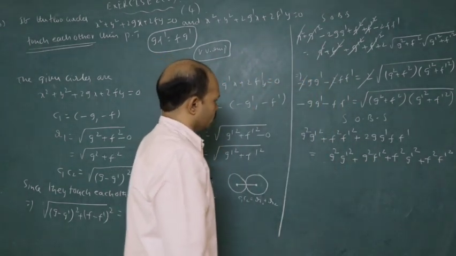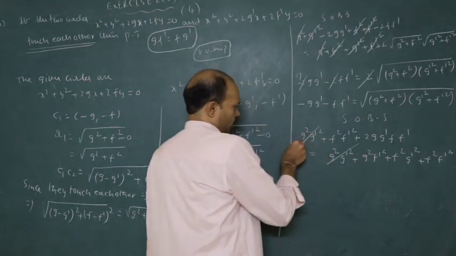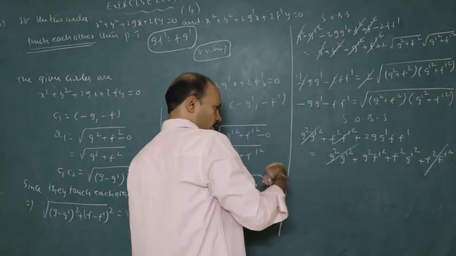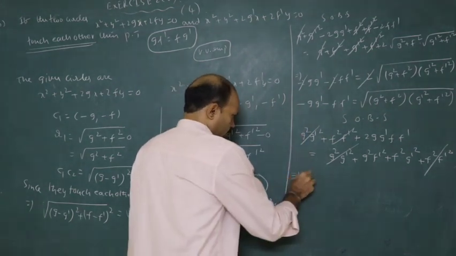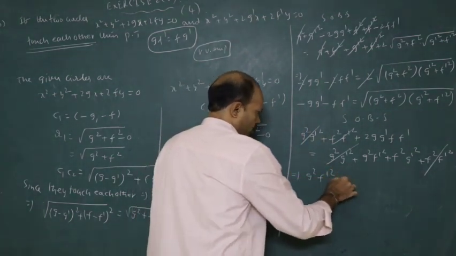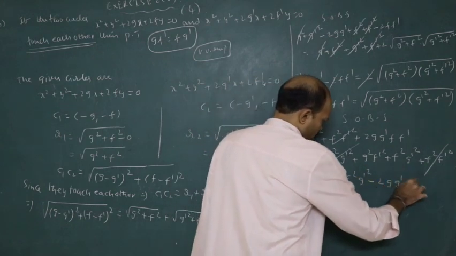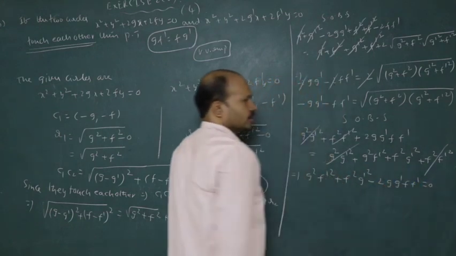Again some cancellations: g square g dash square, f square f dash square. The remaining terms, all of them you shift to one side: g square f dash square, f square g dash square, minus 2gg dash ff dash is equal to 0.